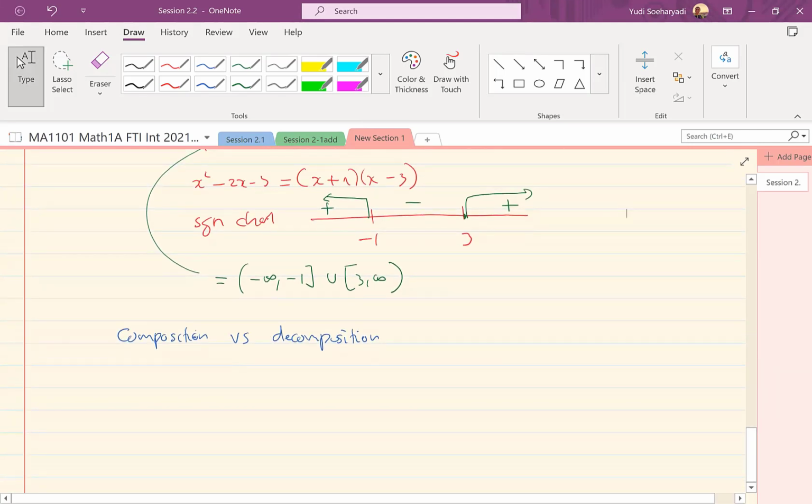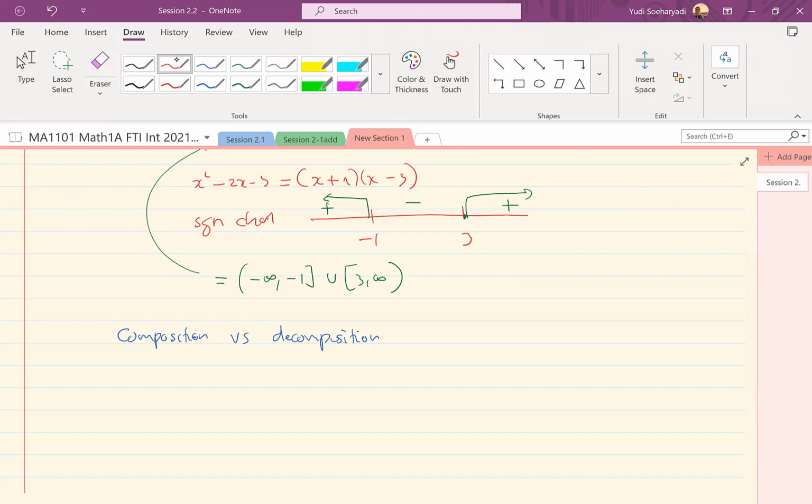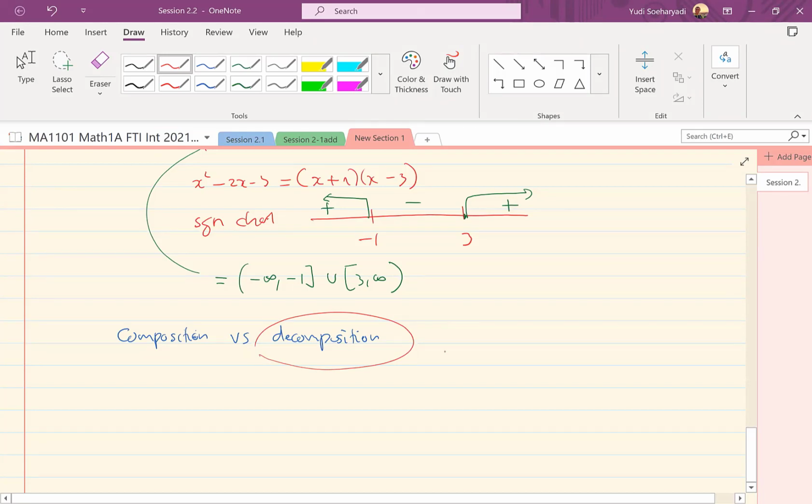That means you have a complicated expression and try to describe it in a simpler way. And later on, we'll see that decomposition is used more often in calculus.